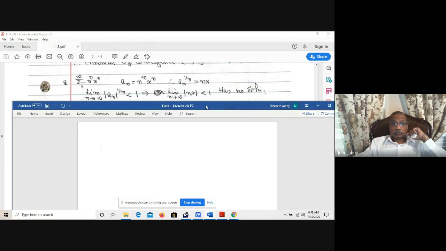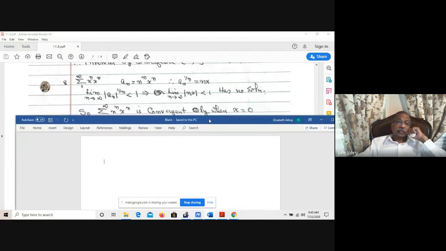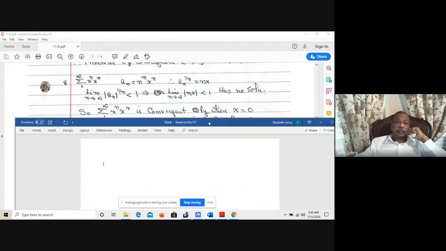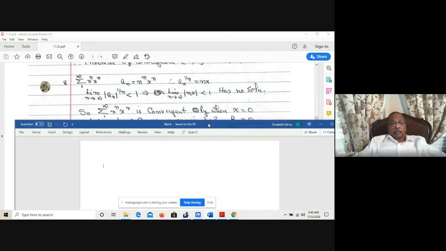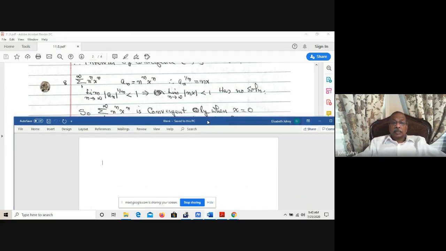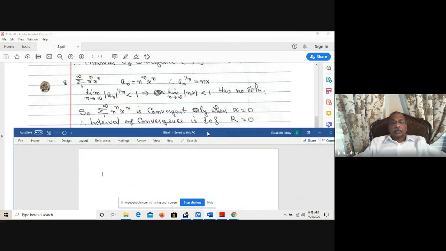It has no solution. Therefore, the series sigma n from 1 to infinity of n to the n, x to the n is convergent only when x is equal to 0. When x is equal to 0, an is 0. So this is convergent only when x is equal to 0. The interval of convergence is the set {0} and the radius of convergence is 0.